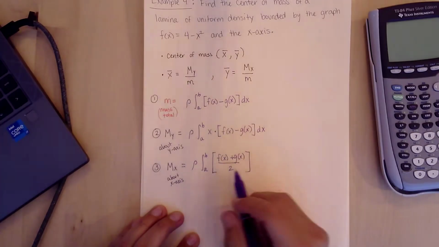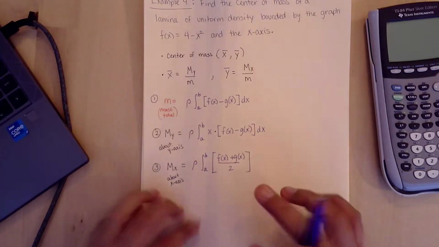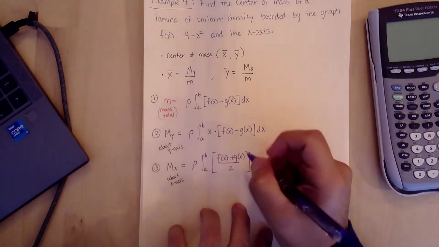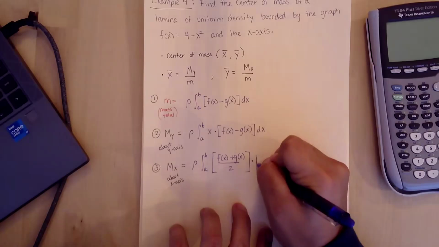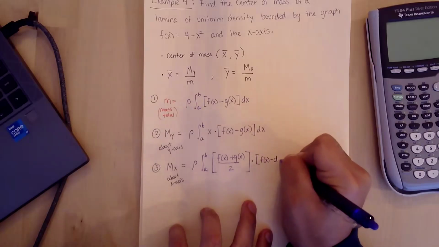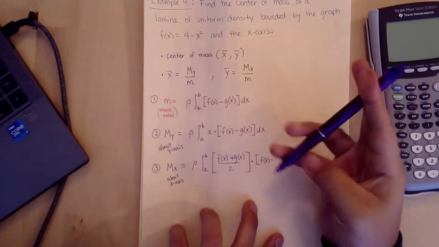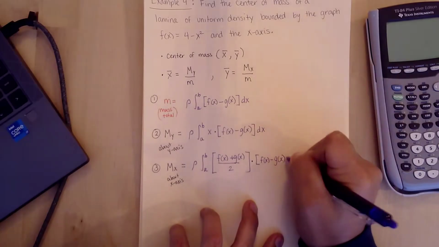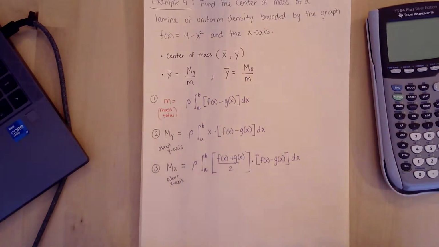I like to think of this as the midpoint in the y direction for any of those representative rectangles that we build when we think about these integrals, times the area of the function, which is just f of x minus g of x dx.